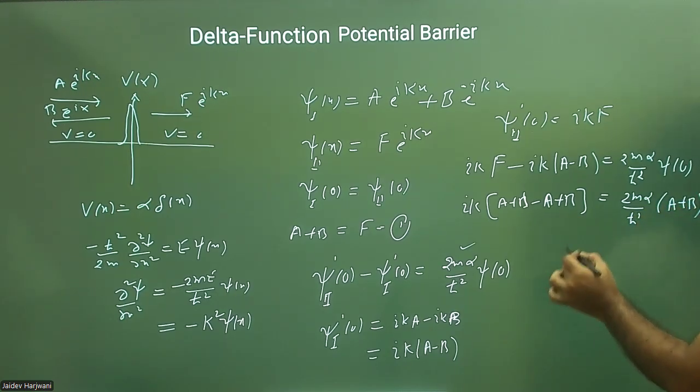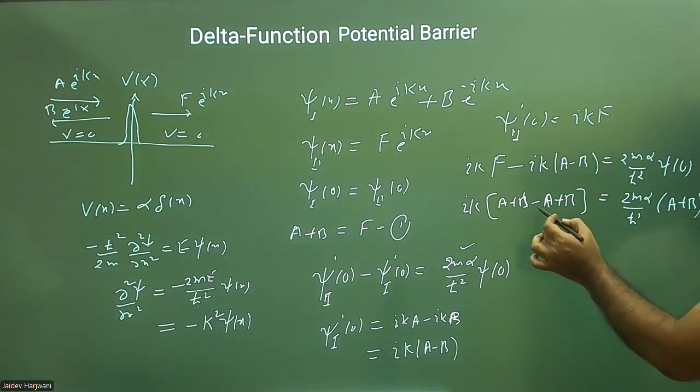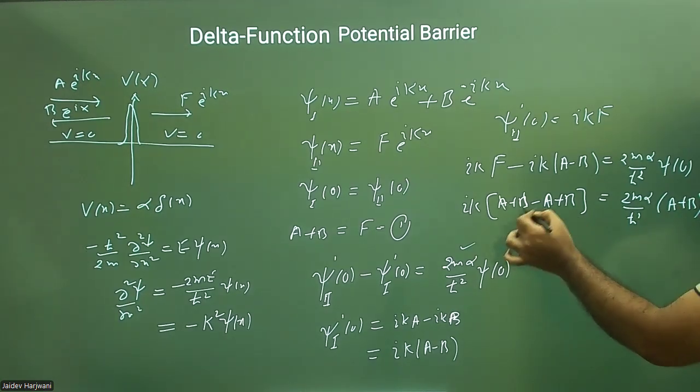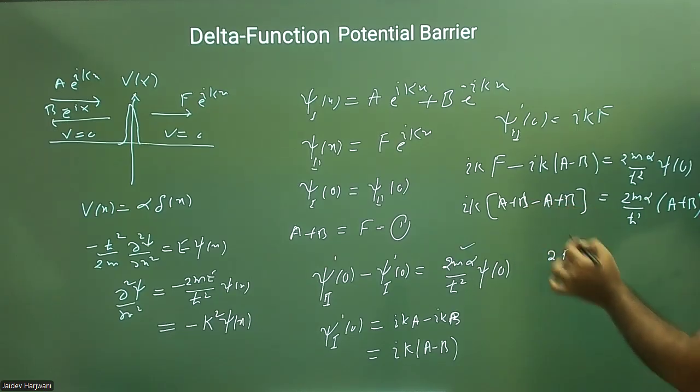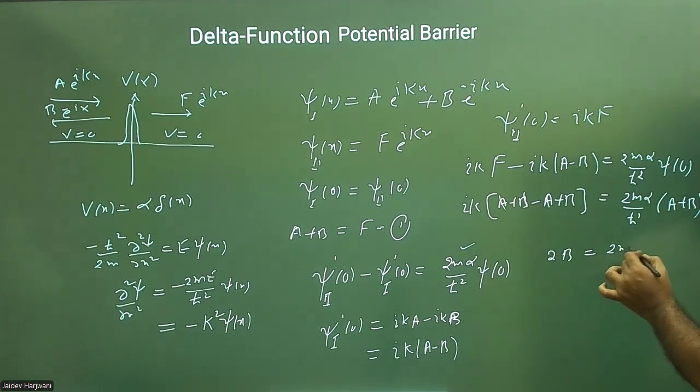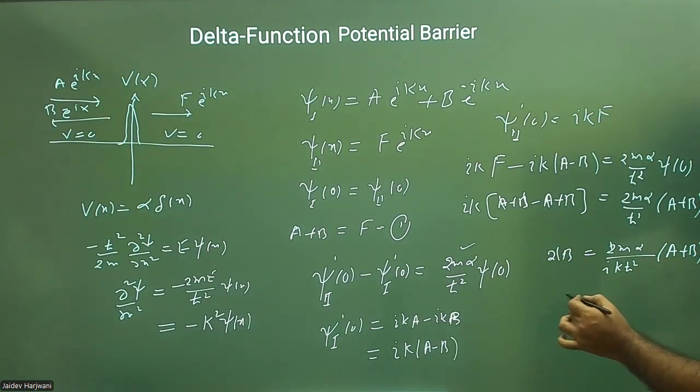And now this equation becomes 2b, a cancels 2b, 2m alpha upon iota k h cut square, a plus b, 2 cancel.